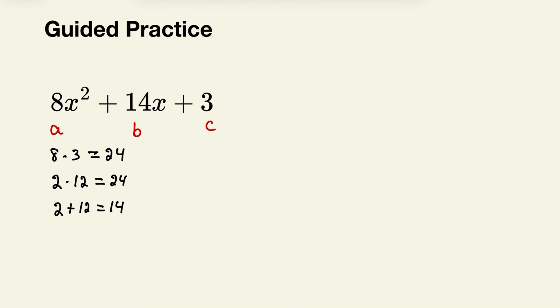Well, the next thing here is for you to split the middle term and factor each group, right? But before doing that, you're going to rewrite 14x as 2x plus 12x, right? So that's what I mean by splitting the middle term. And then we're going to factor each group, okay? So let's do that. So we'll rewrite it as 8x squared plus 2x plus 12x plus 3.